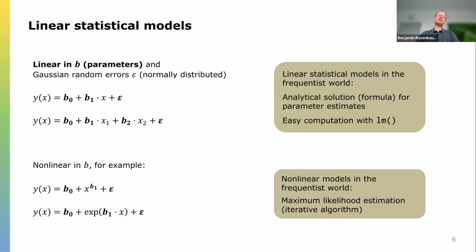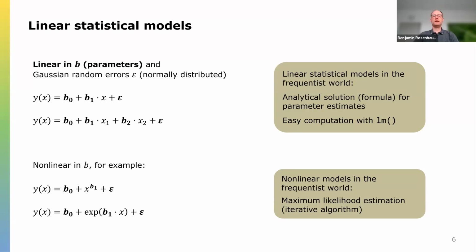There are other examples of a statistical model that can be nonlinear. For instance, if the model is some intercept plus some predictor to the power of something. So we want to estimate this power function here. And this is nonlinear in the parameters. It's also nonlinear in the predictor, but the important thing here is that it's nonlinear in the parameter.